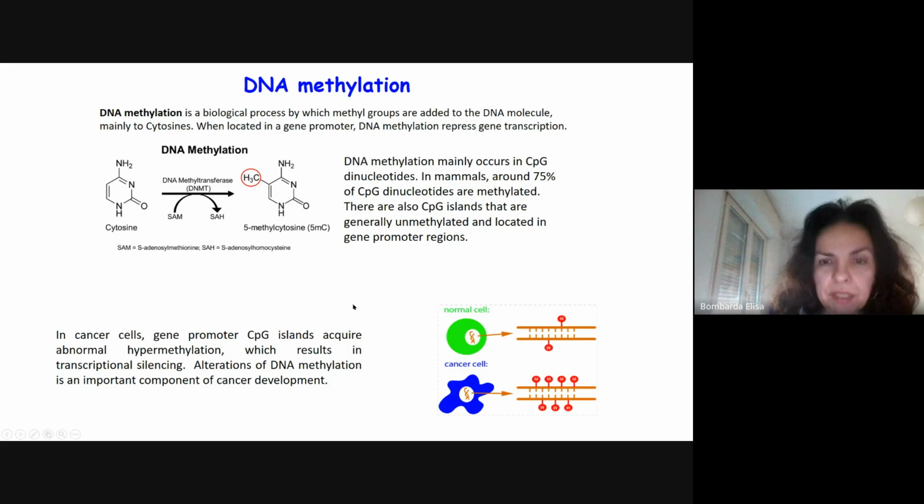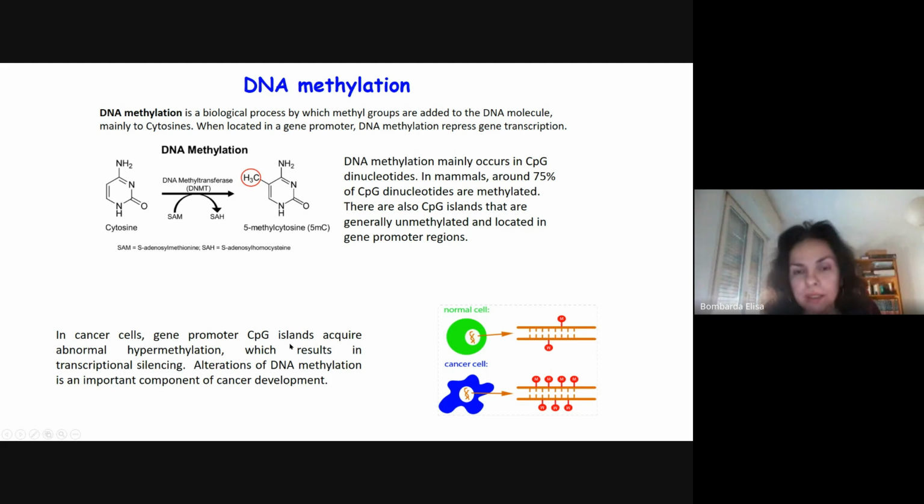So the methylation is out of control in cancer cells, which is one of the reasons why cancer cells develop abnormally, and why cancer is cancer. That is an important mechanism that has to be kept under control.